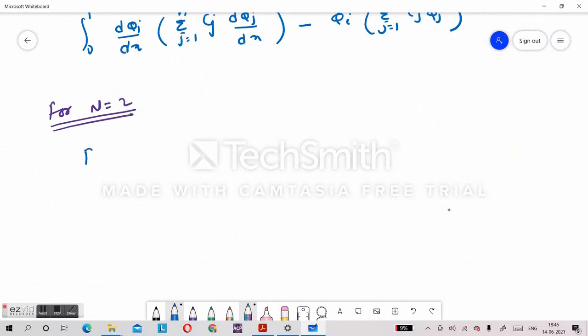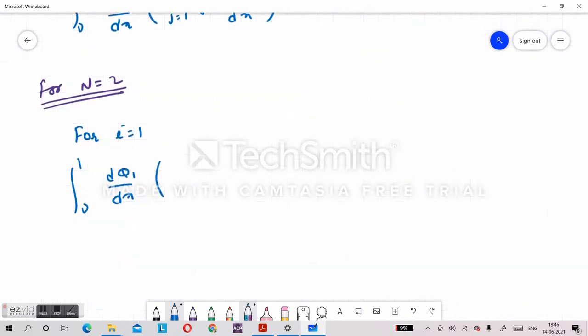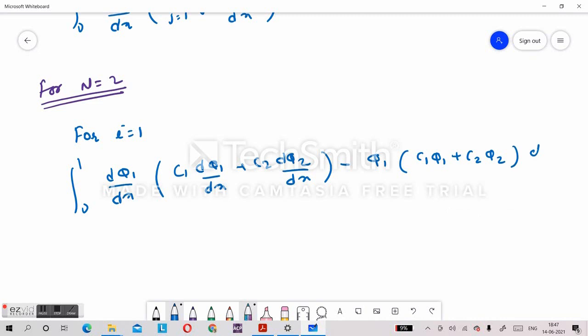So for i equals 1, the first case, this equation will become dφ1/dx, here n equals 2, so it will become c1 d φ1/dx plus c2 dφ2/dx minus φ1 times c1 φ1 plus c2 φ2, and the whole term is dx.